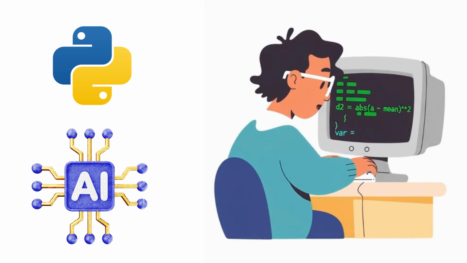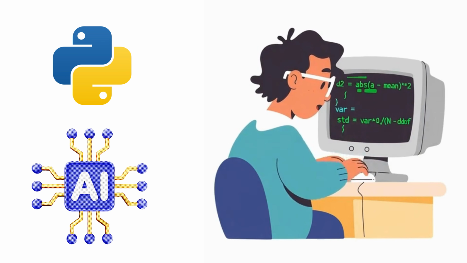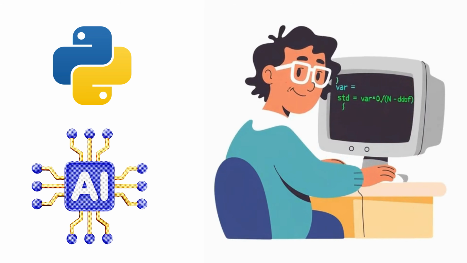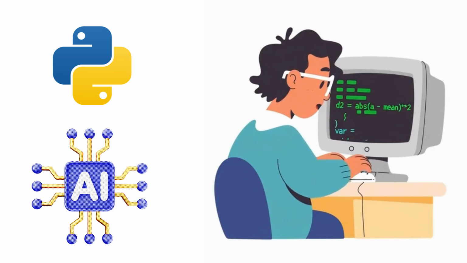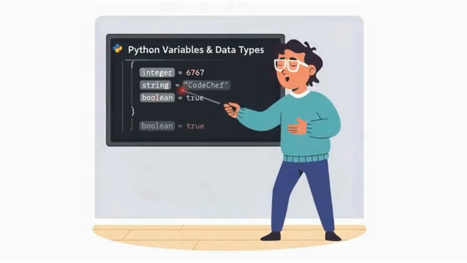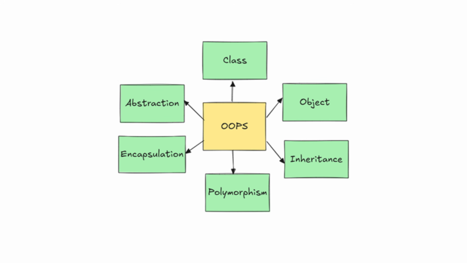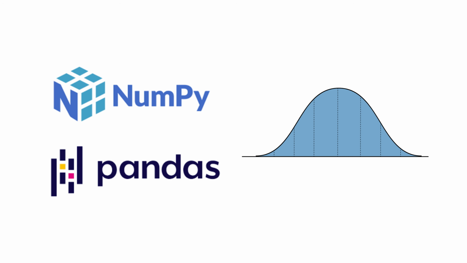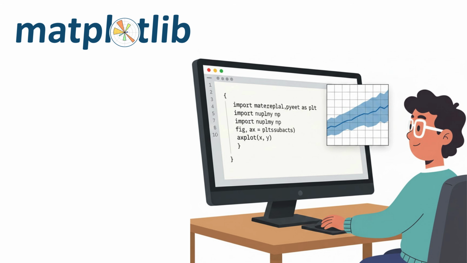Python is the most used programming language in the world of AI. Basic syntax teaches how to write instructions. Variables and data types store values. Object-oriented programming helps organize complex systems into manageable pieces. Libraries like NumPy handle linear algebra, and Matplotlib helps visualize data.